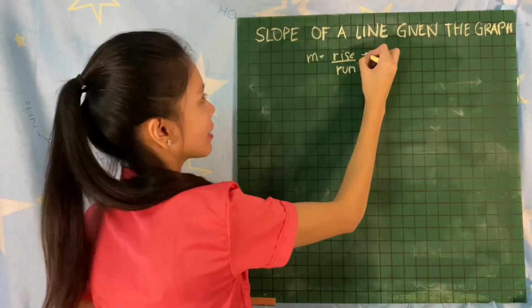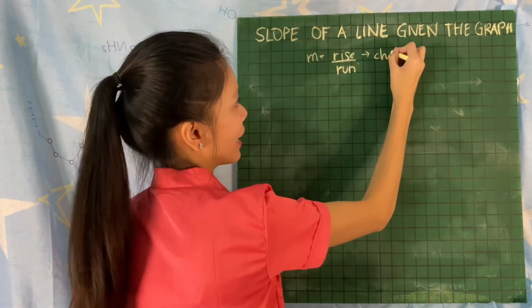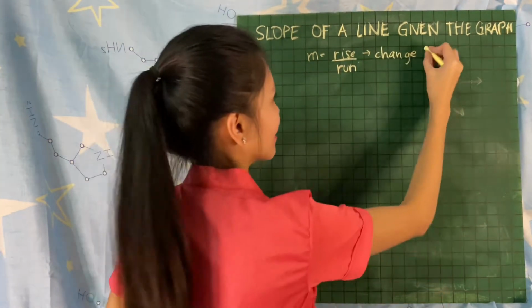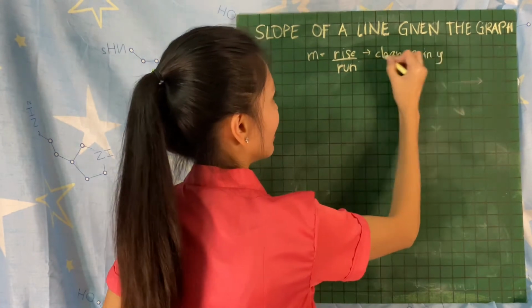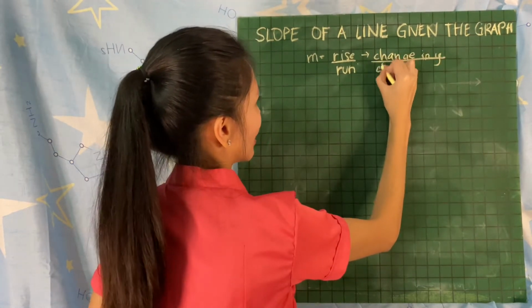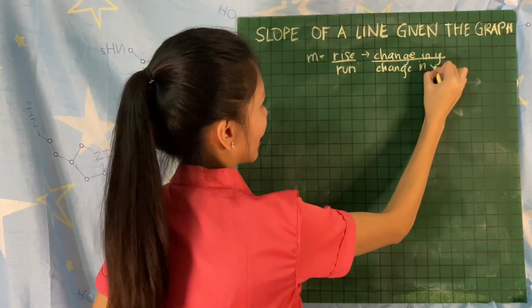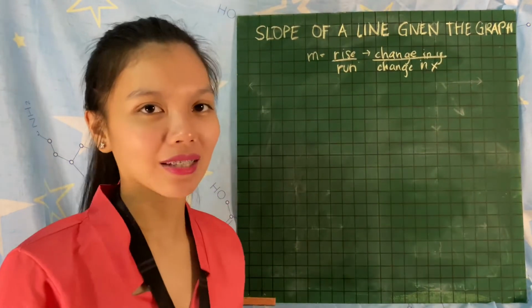Yung rise is the change in y, meaning, yung pagbabago sa position sa y-axis. And run is the change in x, yung pagbabago sa position ng ating x value sa x-axis.